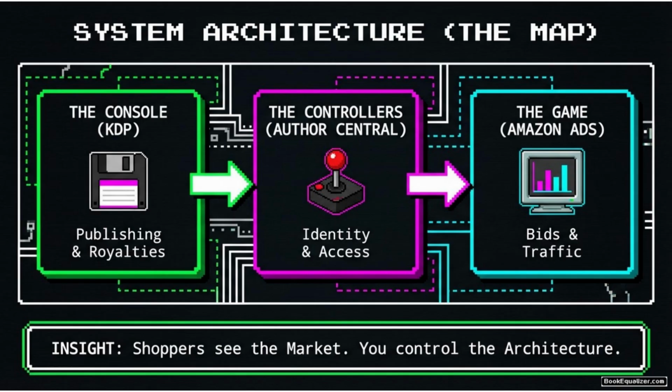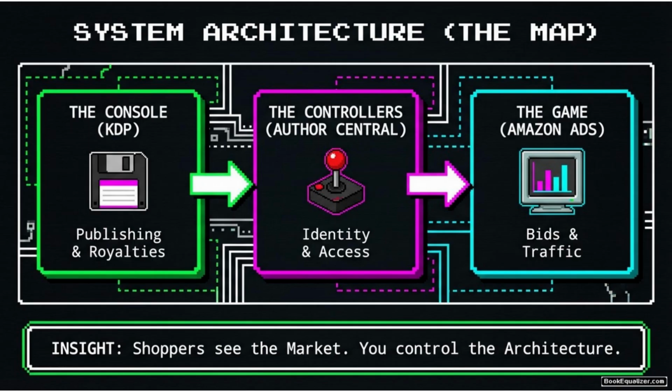Let me break down how this system actually works. Think of it in 3 layers, like a video game architecture. Layer 1, the console. This is your KDP account where your book lives. This is where publishing happens, where royalties flow in. This layer stays clean and unified. Layer 2, the controllers. This is Author Central. Each contributor you add gets their own Author Central account. This is where identity and access management happens.